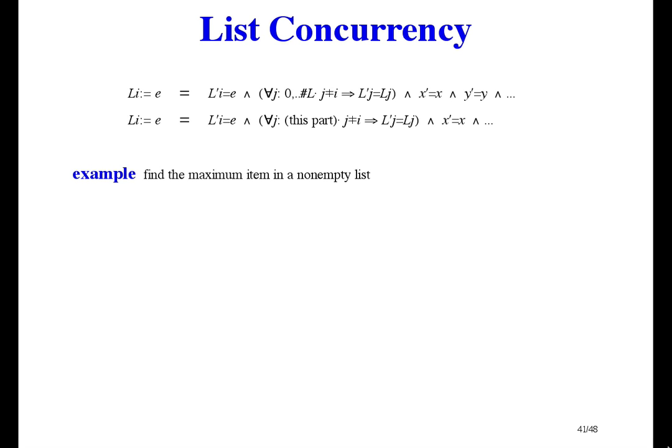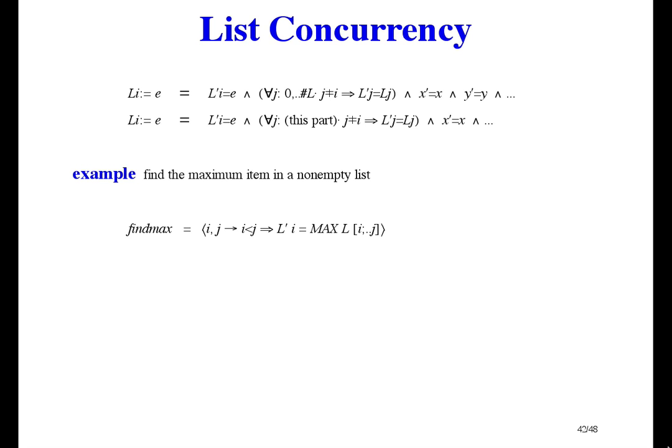As a good example, I'll show you how to find the maximum value in a non-empty list in log time. I define specification findMax of 2 variables i and j to say that the maximum value in the non-empty segment of the list from i to j is put into L i.